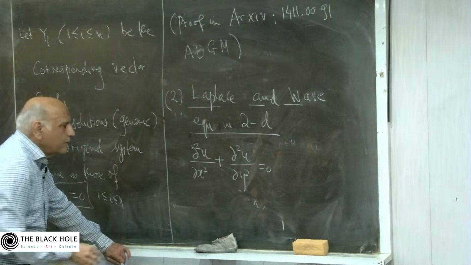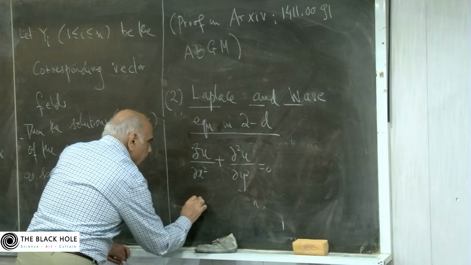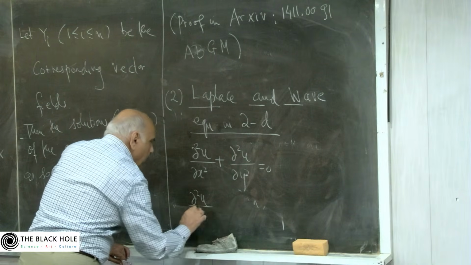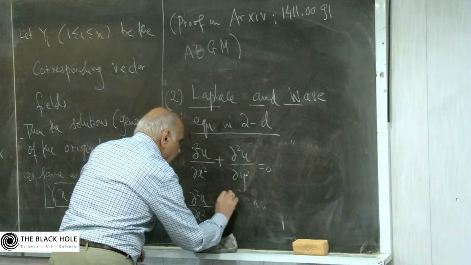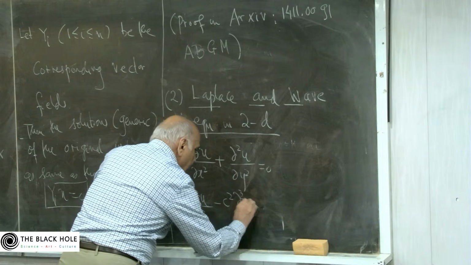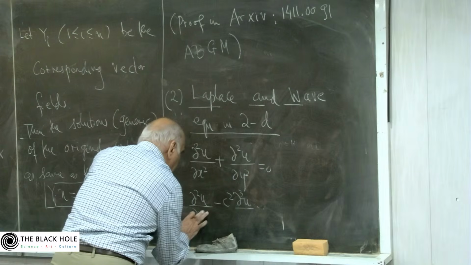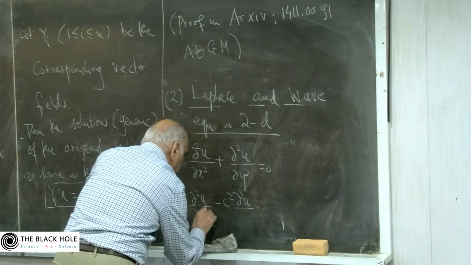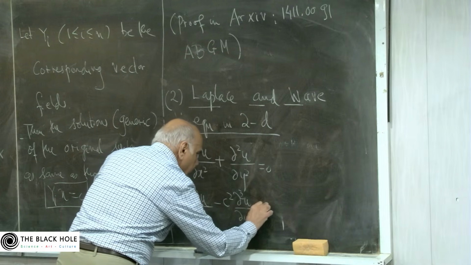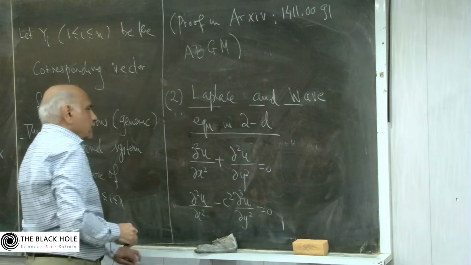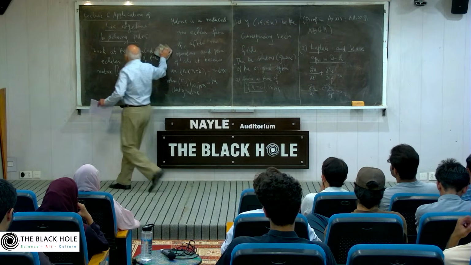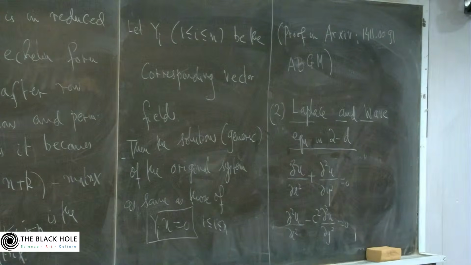And the wave equation, partial squared u by partial t squared minus c squared partial squared u by partial y squared, right? Okay. So now in 2D these are trivial to solve.